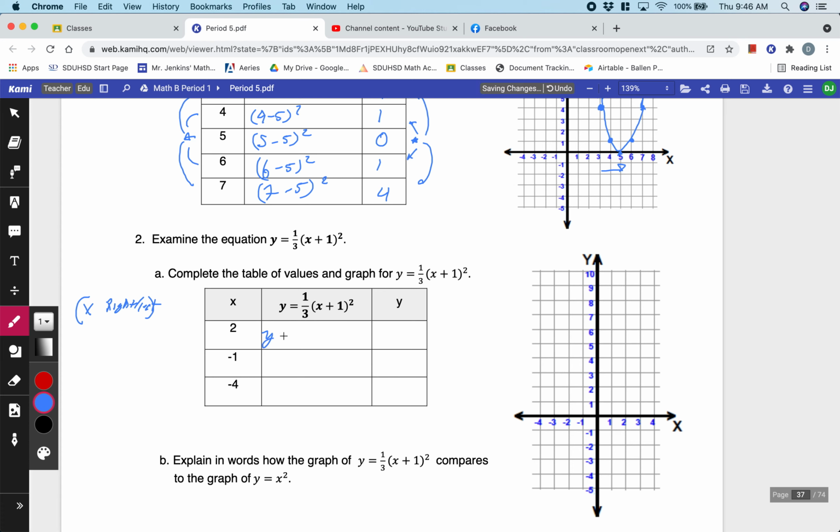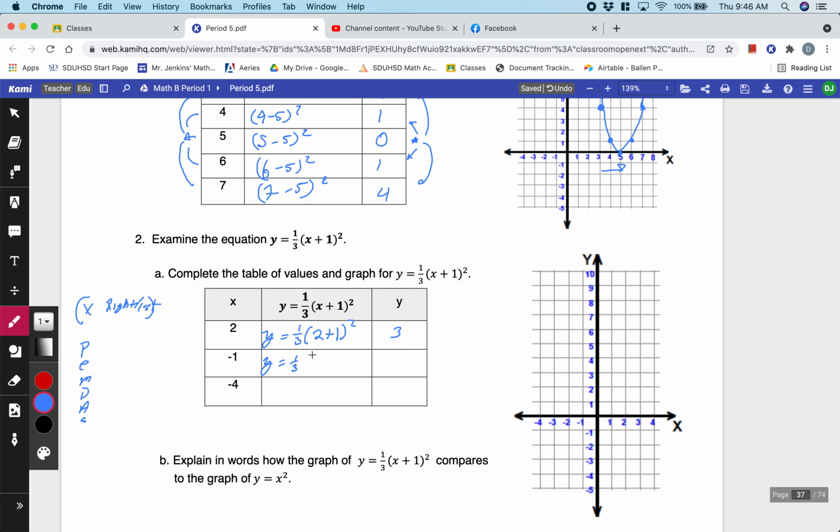So let's see what happens here. If I have y equals 1/3 (2 plus 1) squared, we're just doing order of operations, PEMDAS. So inside the parentheses, it tells me to do 2 plus 1, which is 3, to the second power is 9, and 1/3 of 9 is 3. Let's look at this now.